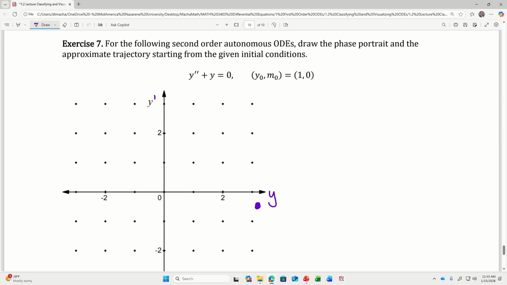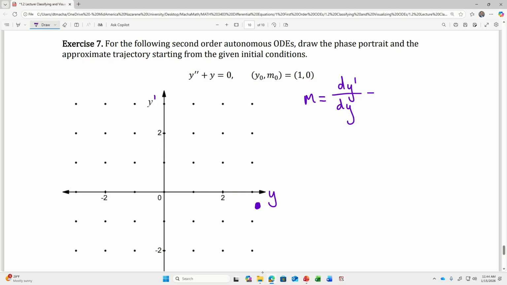For one thing, I need to just decide what my slope is going to be. Like slope in this context is going to be the derivative of y prime with respect to y. That's kind of weird. How am I going to find that value?